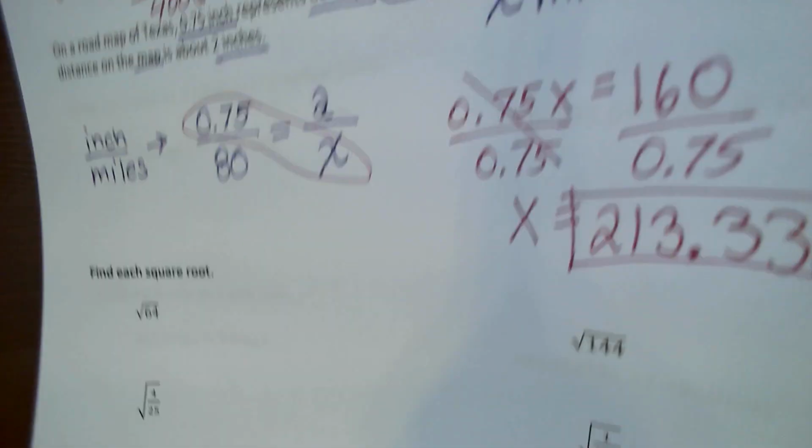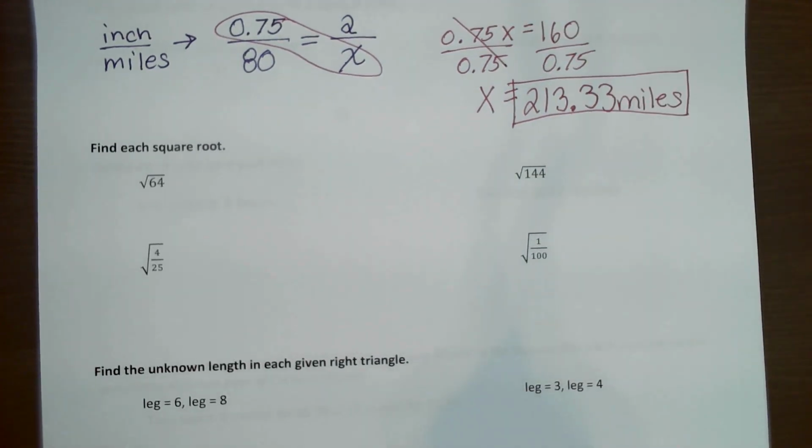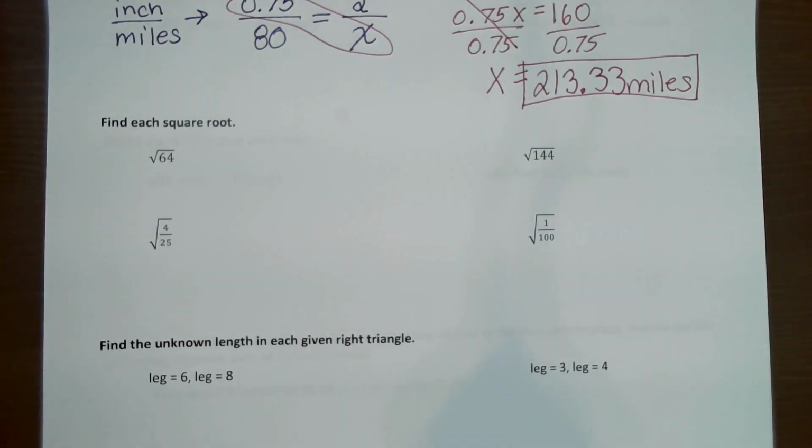All right, now square roots. These you're doing pretty great with, so we're going to run through these. Square roots, you want to think about your fact families and your multiples. So when I see the square root of 64, I want to think which number can be multiplied by itself to equal 64. And if I'm not sure, I can go down my list.